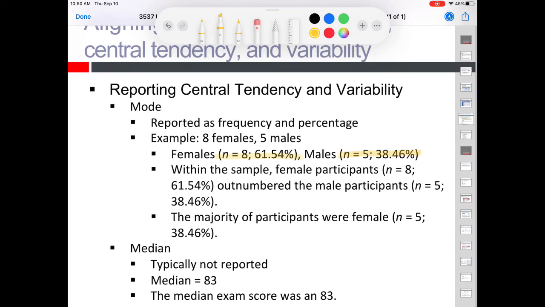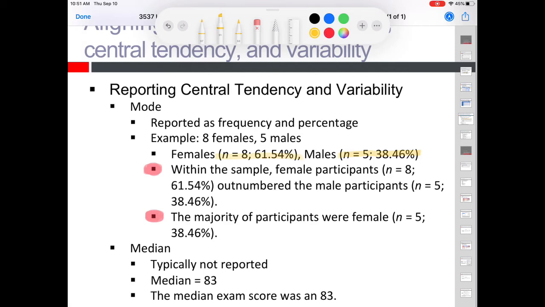To write it out fully, which are these 2 bullet points right here, this is how it's going to look when you go into lab and report your descriptives for your assignment. So something that you could say to describe those statistics that you've just found is, within the sample, female participants, n equals 8; 61.54%, outnumbered male participants, n equals 5; 38.46%.